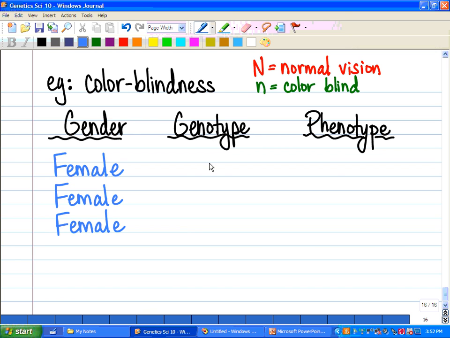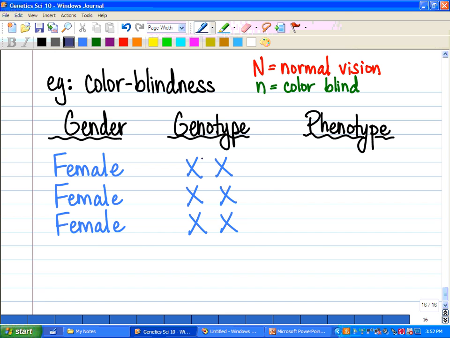For females then, we know that they have to be XX. So all the females are XX. And then we know that each of these X alleles is going to have one of the N's, either the dominant normal vision or the recessive colorblind allele.